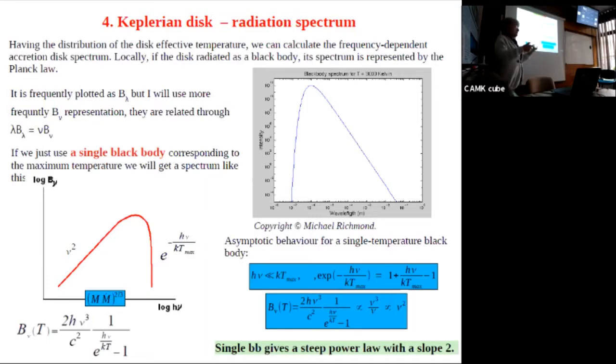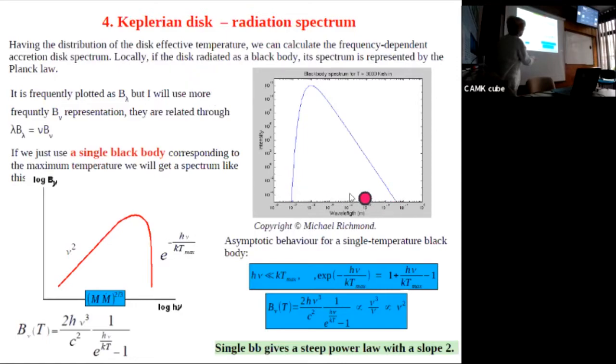For that purpose, we have to expand our knowledge from just the total flux to wavelength dependent flux. On the other hand, we have to integrate over the disk surface. So first we will start from the single black body.